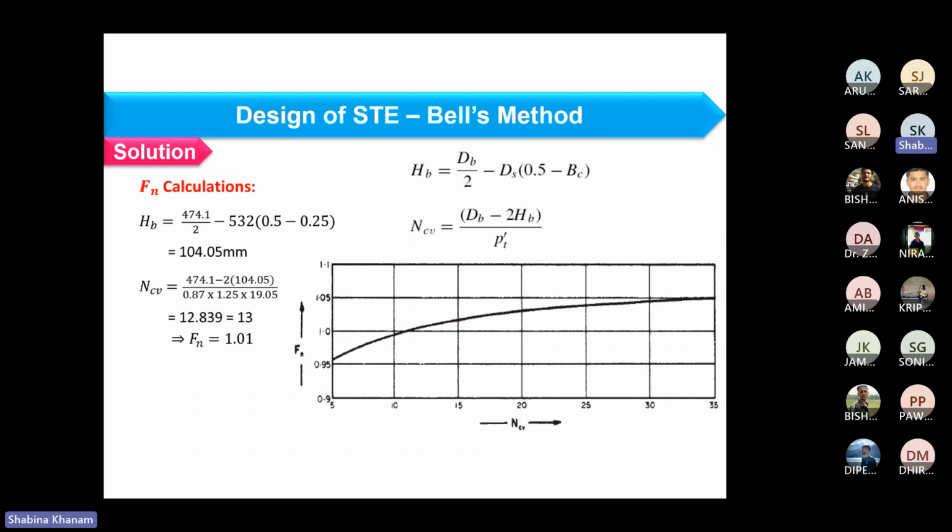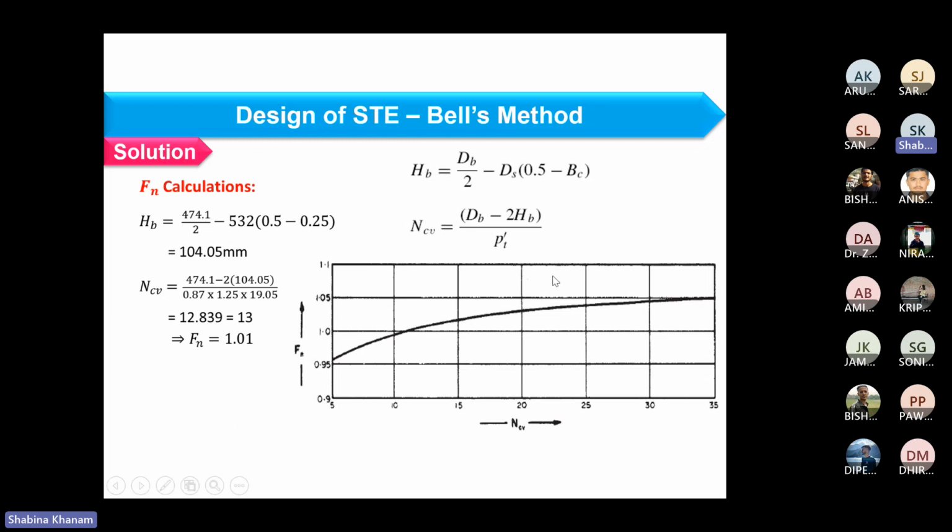So in that way you can consider BC as 0.25, and DS and DB values are already available with you, so you can find HB. Once you have HB, you can find NCV, and all parameters are given.